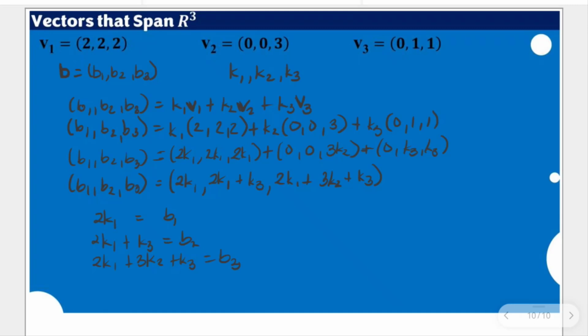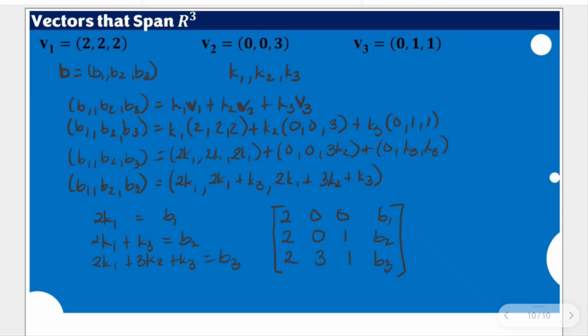We cannot really show the values for the k's, but we can represent this as an augmented matrix: 2, 0, 0, b sub 1; 2, 0, 1, b sub 2; 2, 3, 1, b sub 3. Notice that we still have b sub 1, b sub 2, and b sub 3 because we don't have their exact values.